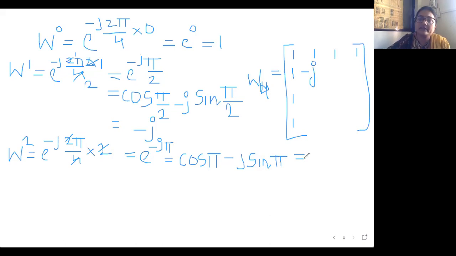It is minus 1. And what is sin pi? It is 0. So 0 multiplied by j is 0, meaning this term becomes 0. Only one value remains, cos pi, which is minus 1. So I'm going to write here minus 1.